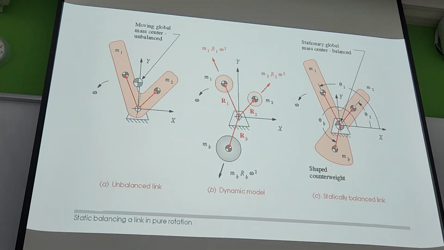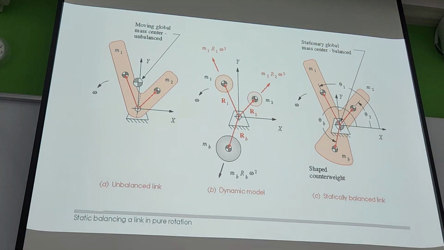So dynamic balancing means here you are making the sum of the forces acting on the system 0. So the sum of the forces acting on the system for all the links, you are making it 0 by creating a counterbalance mass. So now this is your original link.